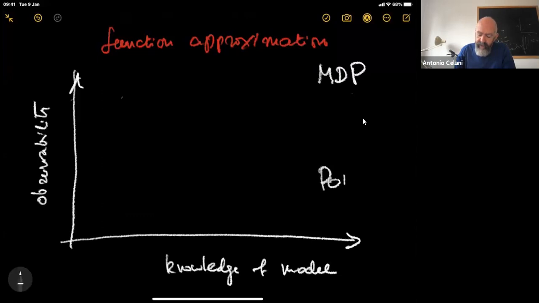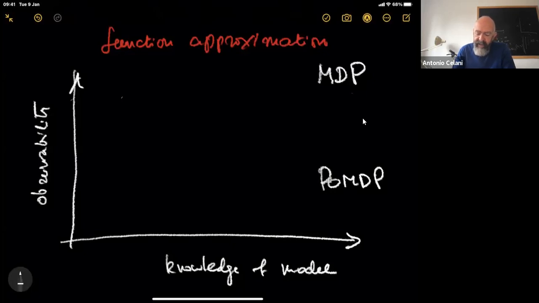If you want to find a proper extension of Markov decision processes to the realm of partial observability, then you have to combine the Bellman's equation with some notion of inference. One possibility is to use Bayesian inference. And if you combine that, you end up with partially observable Markov decision processes.